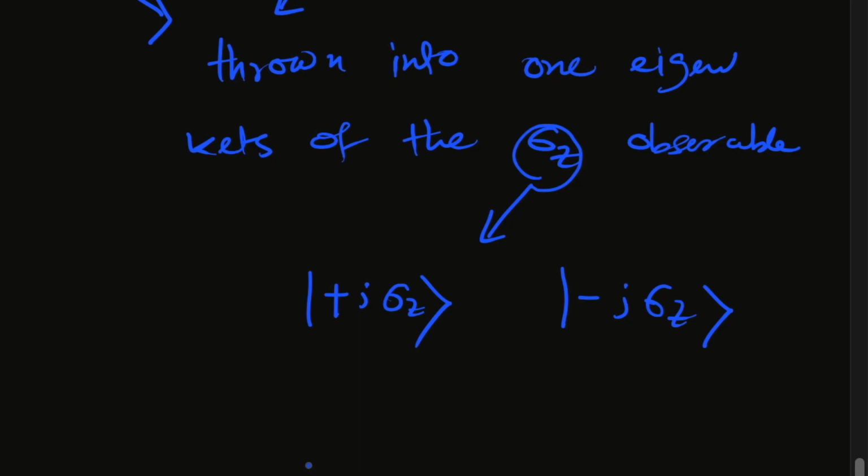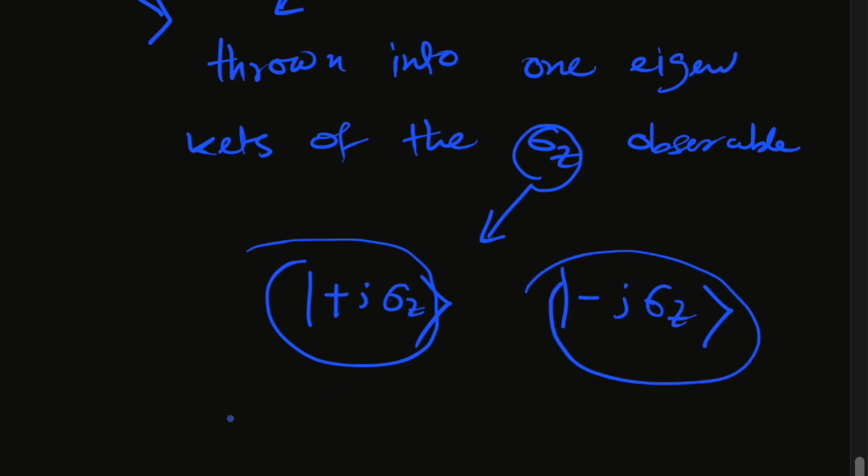Now the Ag atom will be in one of these two eigenstates after being passed through the magnetic field.